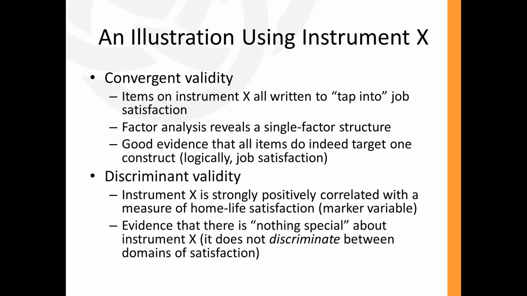You could use many different types of instruments to establish discriminant validity. I'm just using one here that is relatively closely related to illustrate the point that depending on how specific your intentions are, there are going to be different criteria by which you're going to need to establish good discriminant validity.